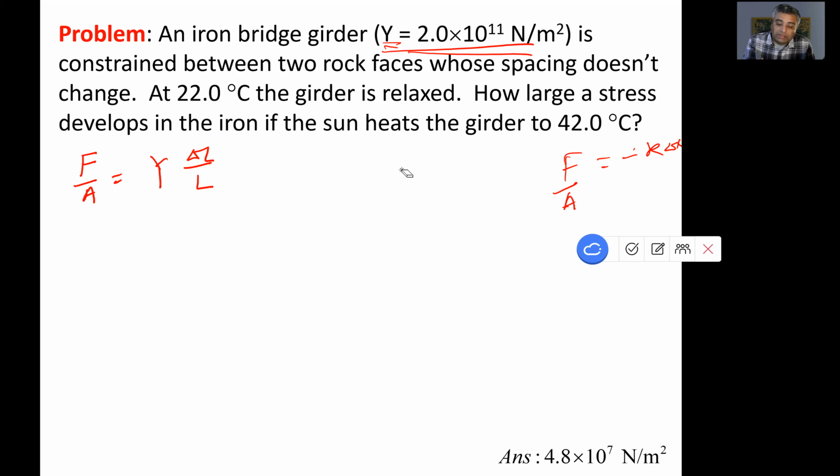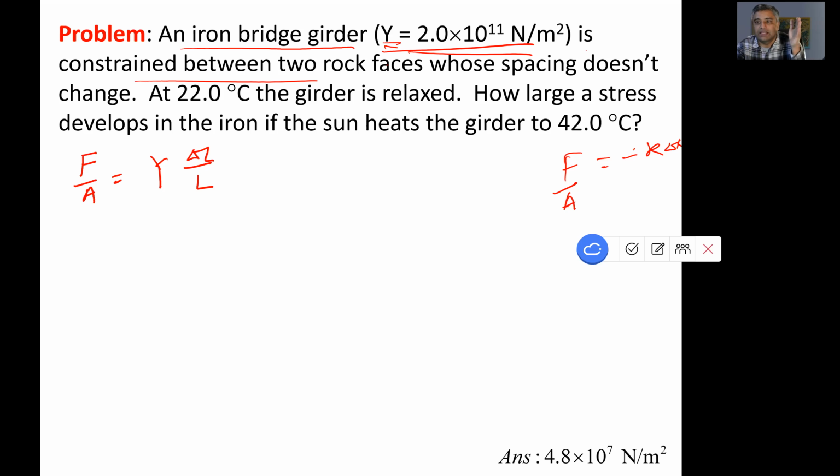Now what it says is an iron bridge is constructed between 2 rock faces. Let's suppose there is no room for expansion. Then what's going to happen when it tries to expand? For example, if you hold a compressed spring between two hands, what happens? You experience that force, a push, right?